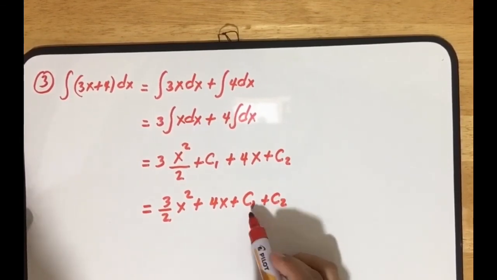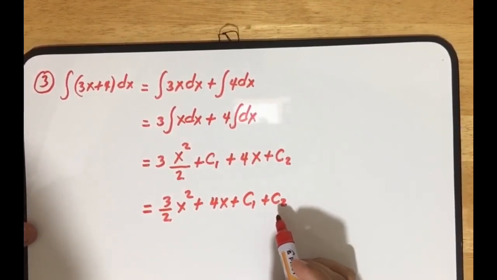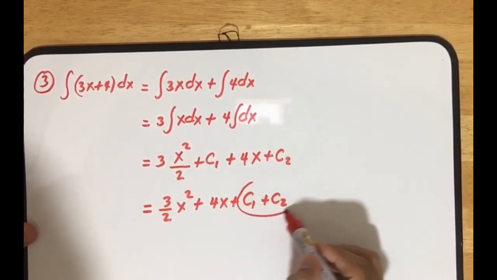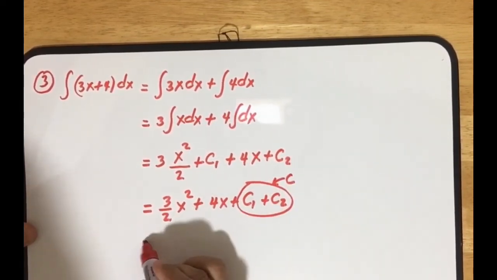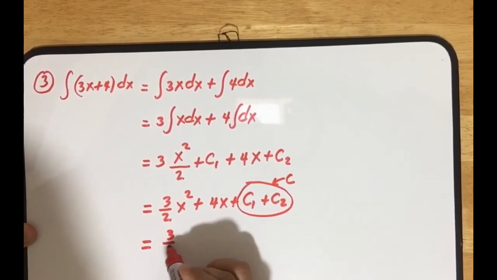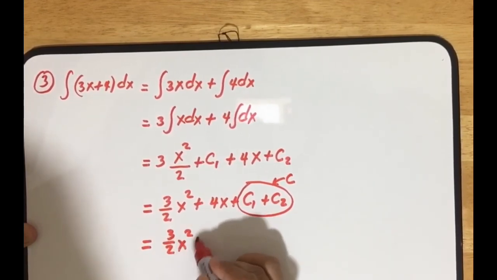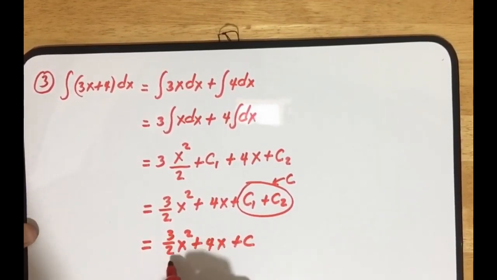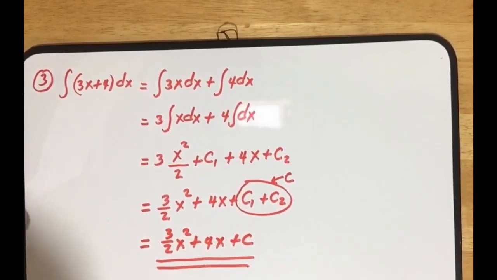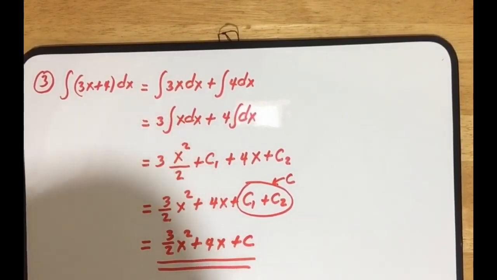Since c1 and c2 are constants, you can combine them and let them be equal to c. Therefore you have 3 over 2 x squared plus 4x plus c. So this can also be your solution.